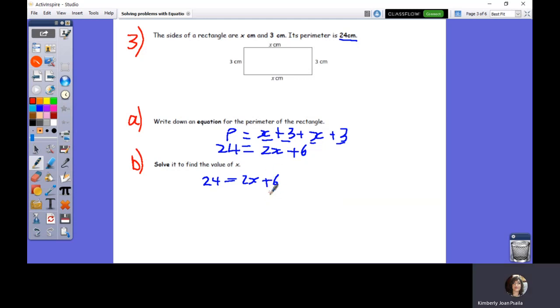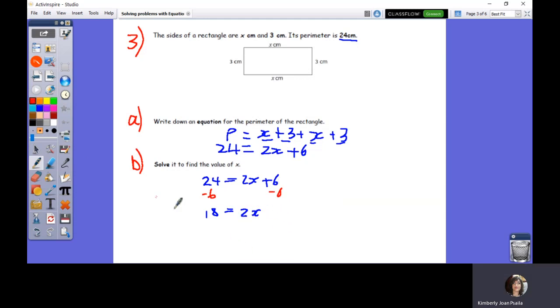So we get rid of this 6, okay, by subtracting 6 from both sides. Okay. So 24 minus 6 gives us 18 is equal to 2x. And this becomes 0. I'm not going to write anything.